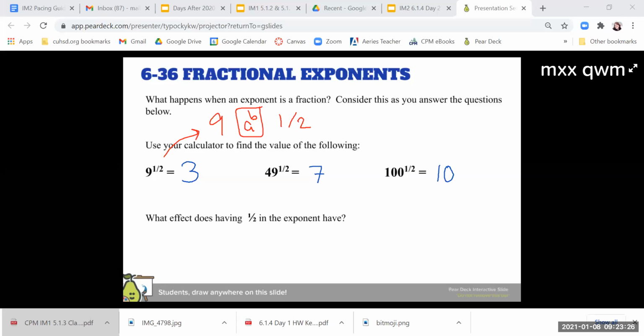So when we look at this pattern here, how does 3 relate to 9? How does 7 relate to 49? How does 10 relate to 100? What effect does the 1/2 in the exponent have on the base?